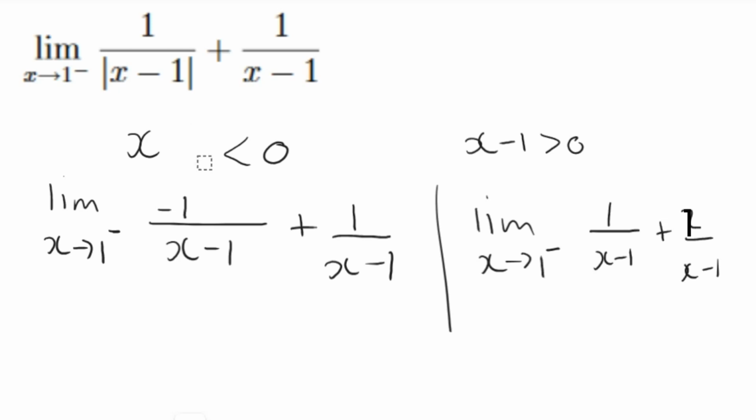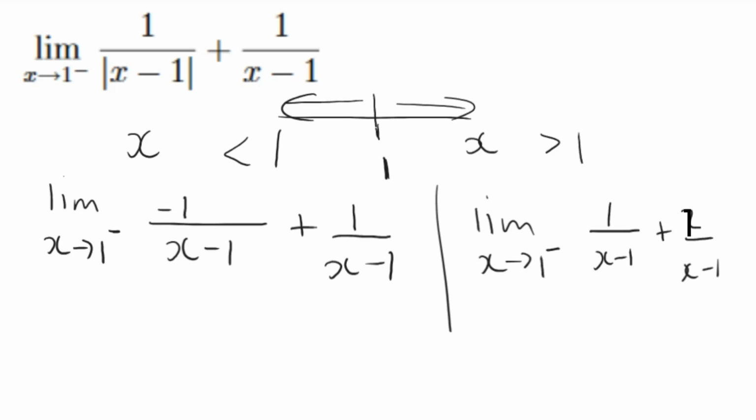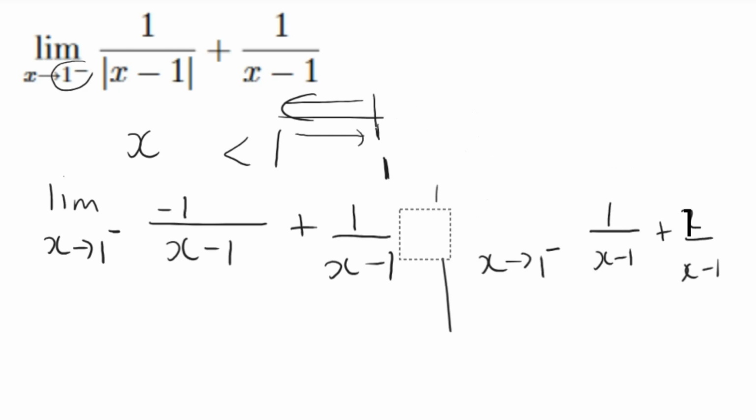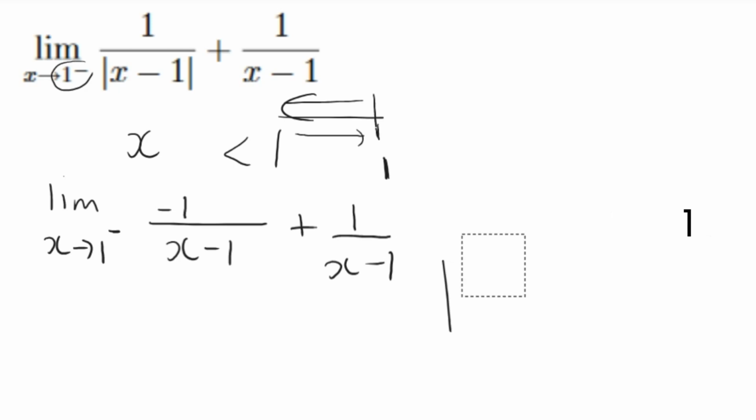On the number line, we have 1 there. The values that are less than 1 are that side, and the values that are greater than 1 are that side. The limit says we must only approach 1 from the left side. We must go to 1 from this side, and therefore we disregard this whole piece of information. We don't look at it, we only focus here. This is what we are dealing with, okay?